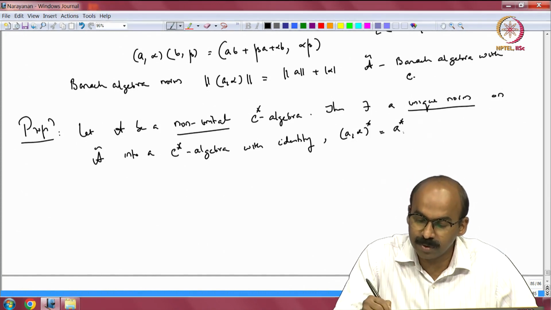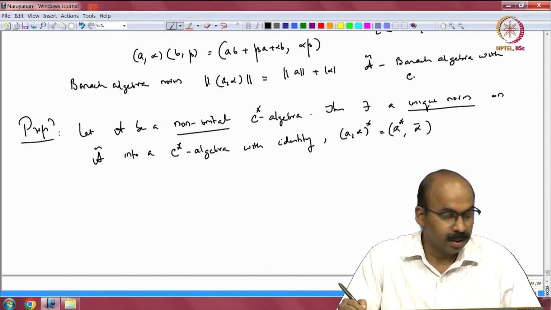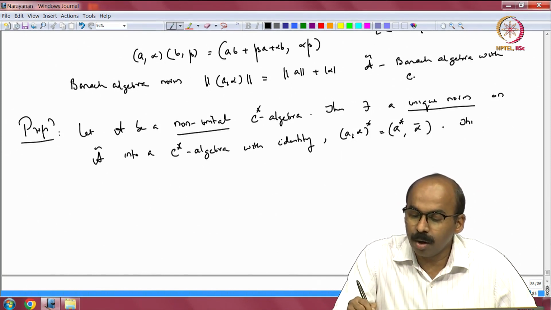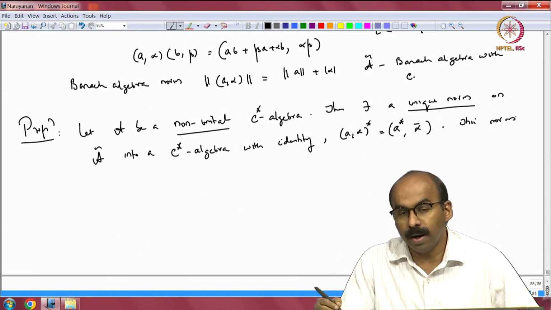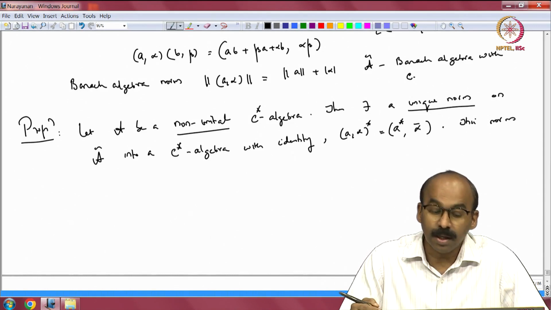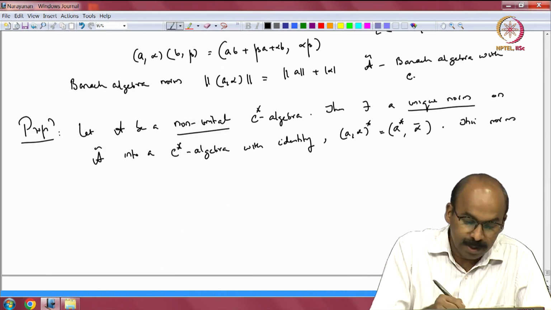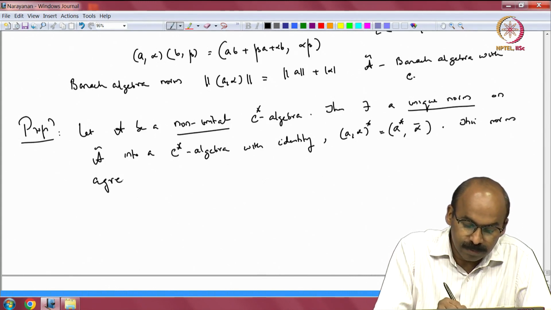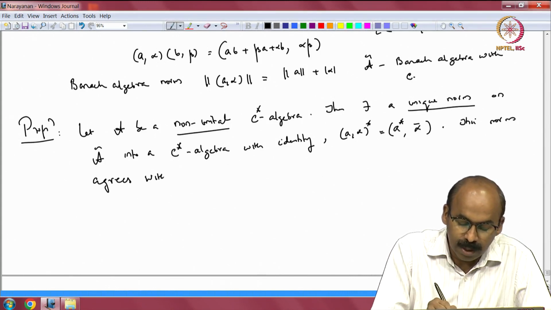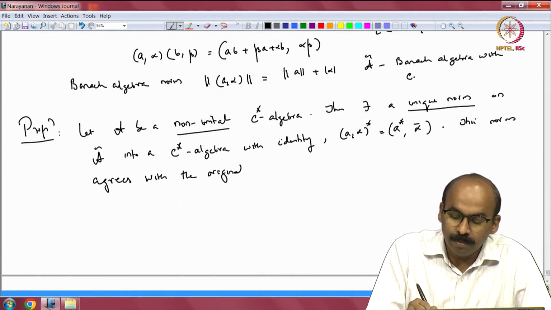That is the involution, and this new norm, which we will define in the proof, agrees with the original norm on A.